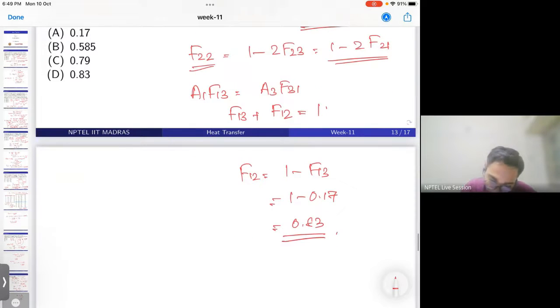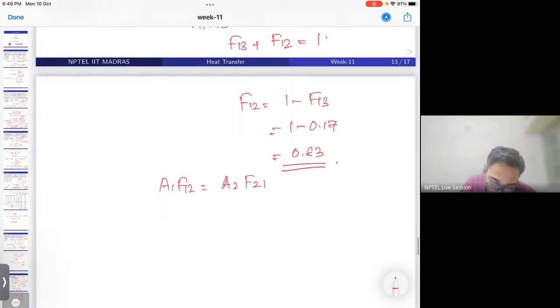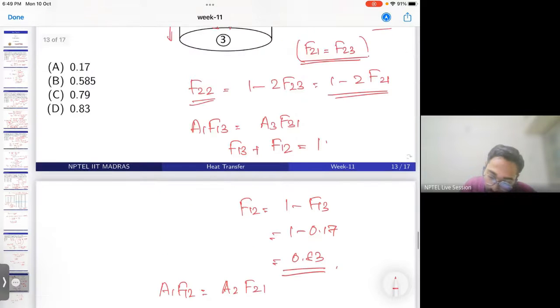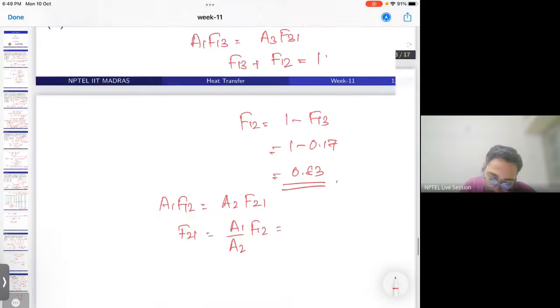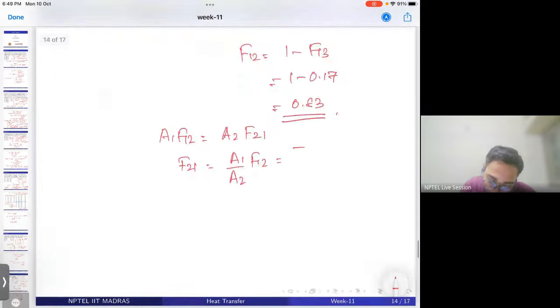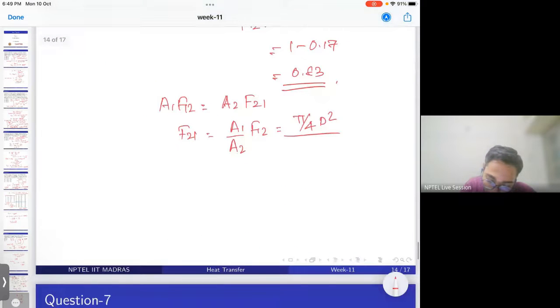Also, we know A1 F12 will be equal to A2 F21. So what we need to find is F21, because to find this F22 from this relation, A1 by A2 times F12, where A1 is equal to pi by 4 D squared, and A2 is equal to pi D H, into 0.83.